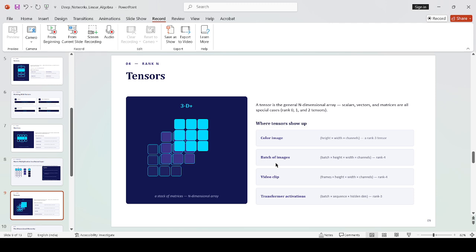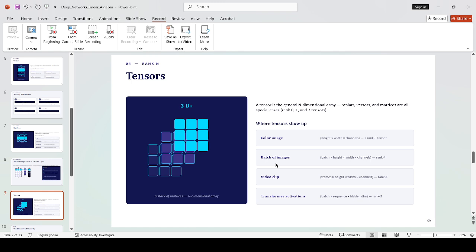The most general mathematical object used in deep learning is the tensor. A tensor is simply an n-dimensional array. In fact, a scalar is a rank 0 tensor, a vector is a rank 1 tensor, and a matrix is a rank 2 tensor. Anything with 3 or more dimensions is called a tensor. A color image with dimensions like height by width by channels is a rank 3 tensor.